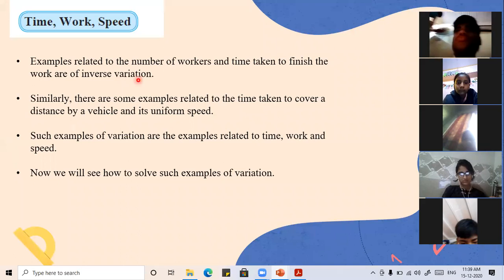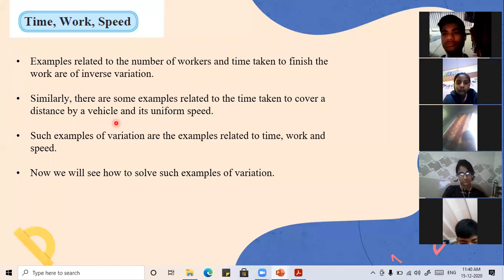So if the sum has number of workers and the time they require to finish that work, blindly inverse variation. Similarly, there are examples related to time taken to cover a distance by a vehicle and its uniform speed.